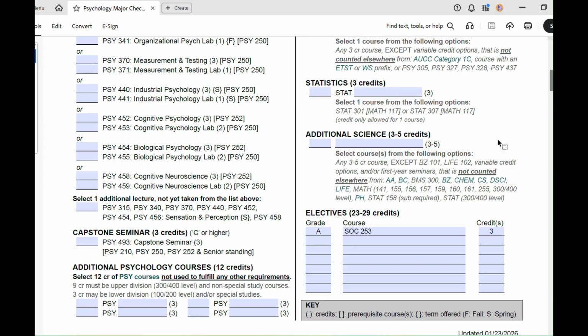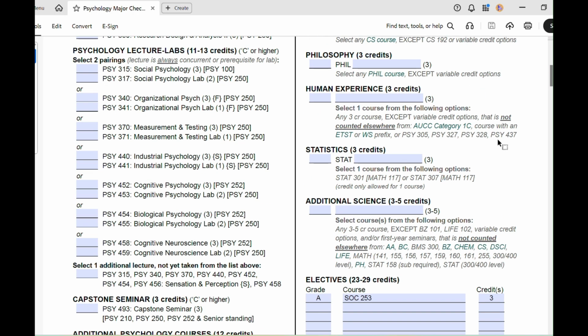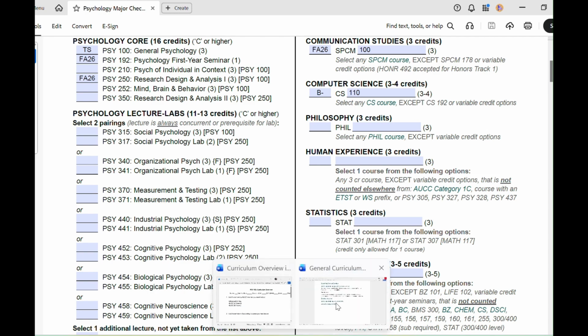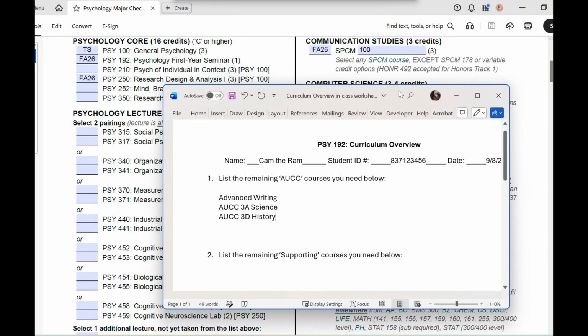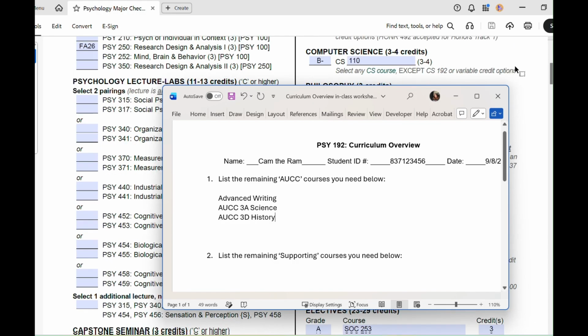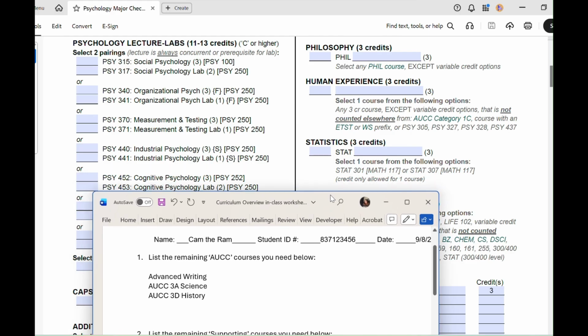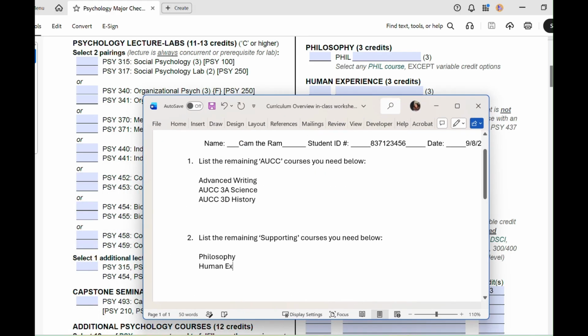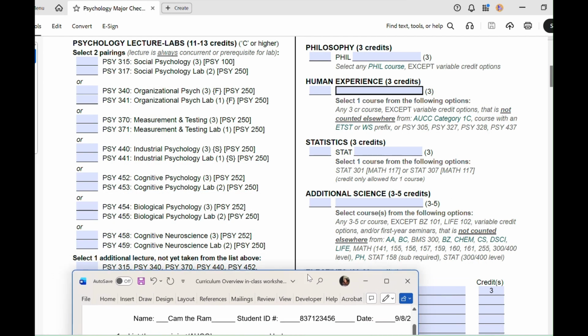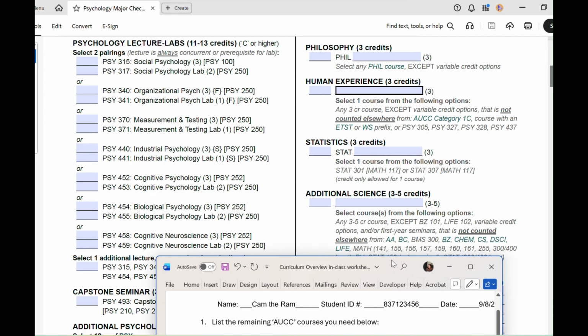Now, we will take a moment to identify the remaining supporting courses that CAM-the-RAM needs to meet graduation requirements. For supporting courses, CAM still needs their philosophy, CAM still needs their human experience, CAM still needs statistics and additional science.